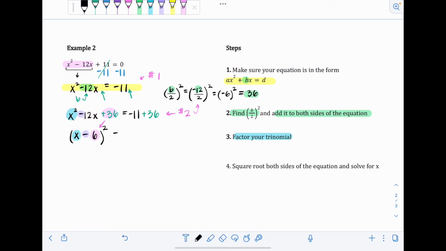Then we bring down our equal sign, and add those two together: negative 11 plus 36 is the same thing as 36 minus 11, we can just switch the order. So 36 minus 11 would be 25. And then we have a factor and our equation is so simplified.